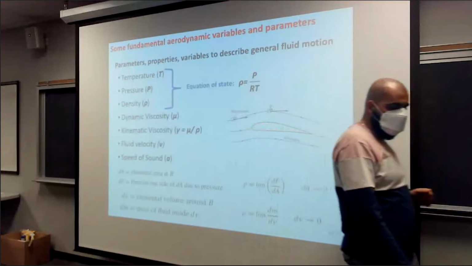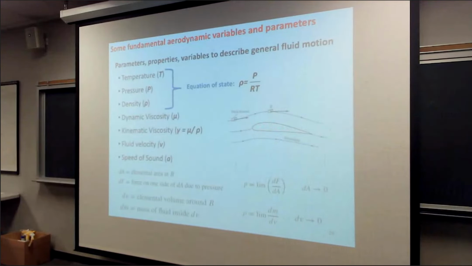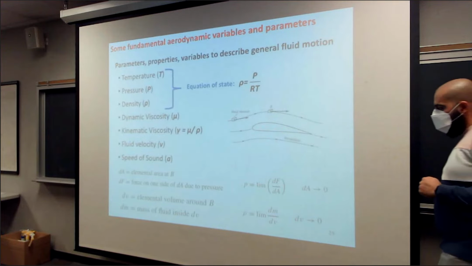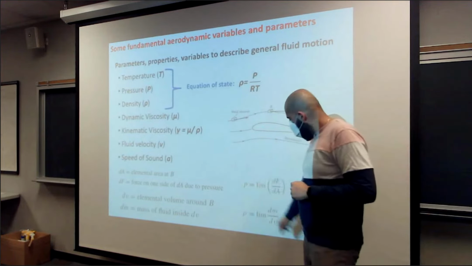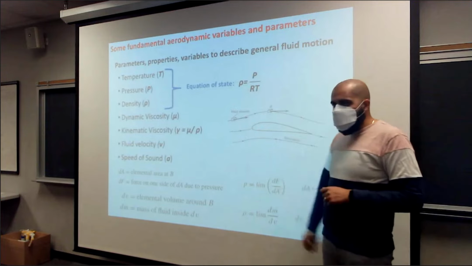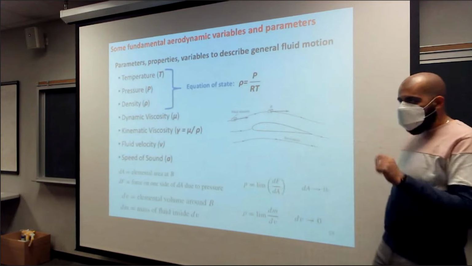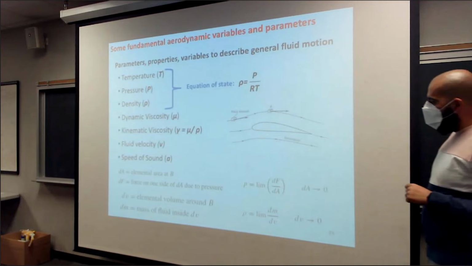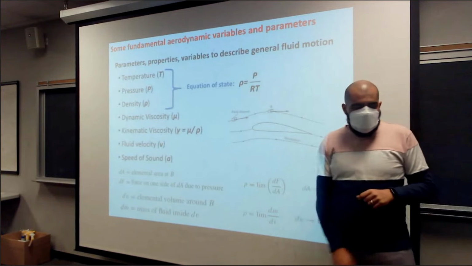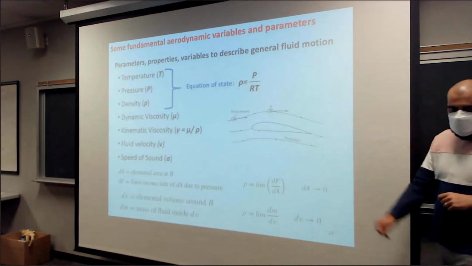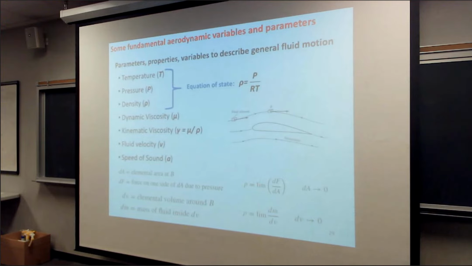Something that you have to keep in mind is that we define pressure in a fluid setting by this equation. It is the limit of a very small element of force being applied on a very small element of area. When you take that limit, when dA goes to 0, you have the pressure essentially.